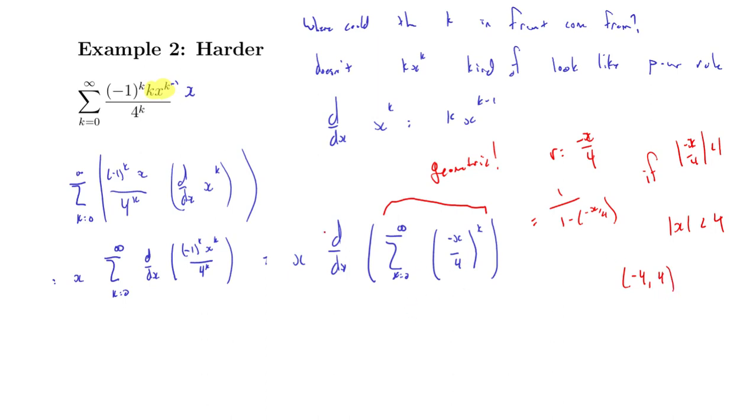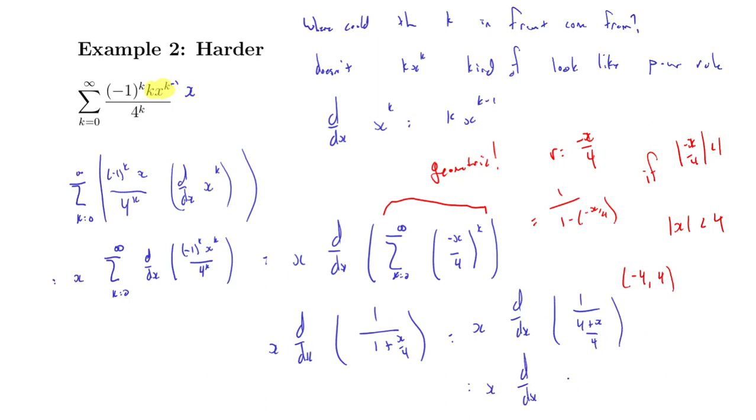And now we can say this thing is really x times the derivative of negative 1 over 1 plus x over 4. If you want, you could rewrite this as x times the derivative of 1 over 4 plus x over 4. And then you could say this is really x times the derivative of 4 over 4 plus x.